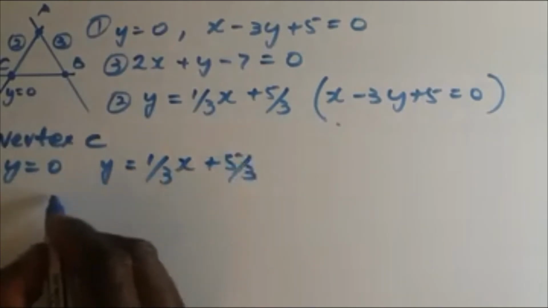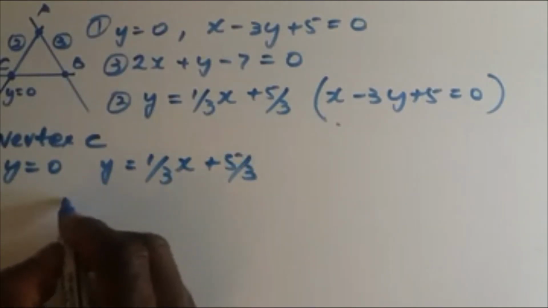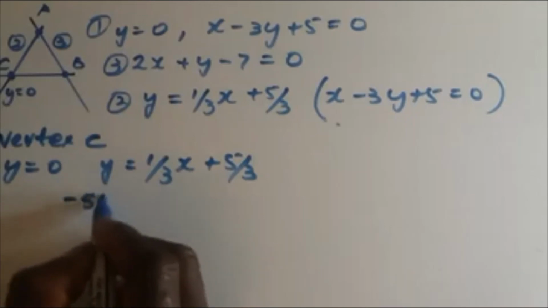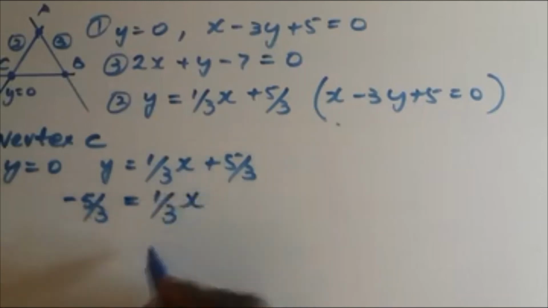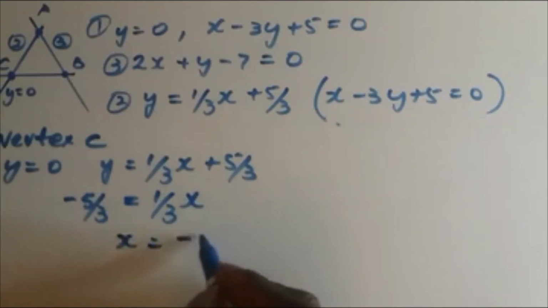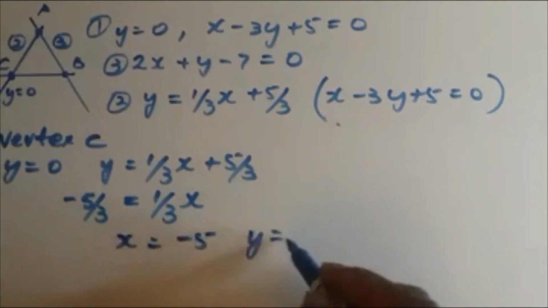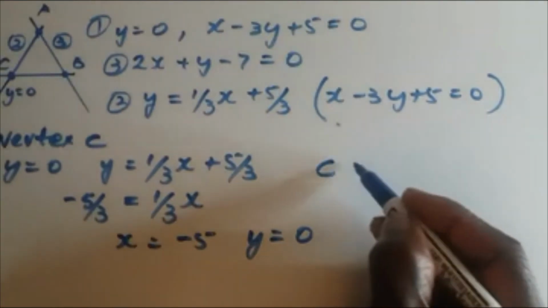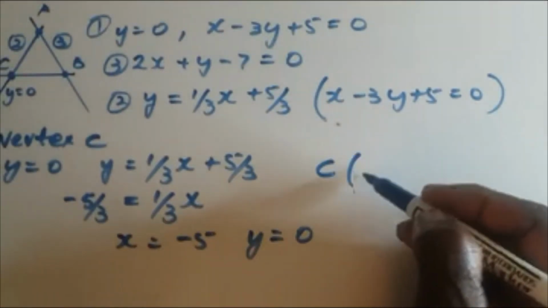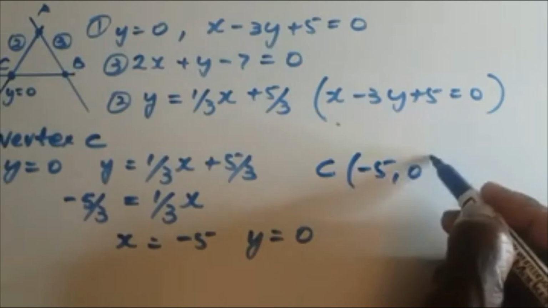And so we equate this to get minus 5 over 3 is equal to a third x. So you have x is equal to minus 5, and we know y is equal to 0. So vertex C is at minus 5, 0.